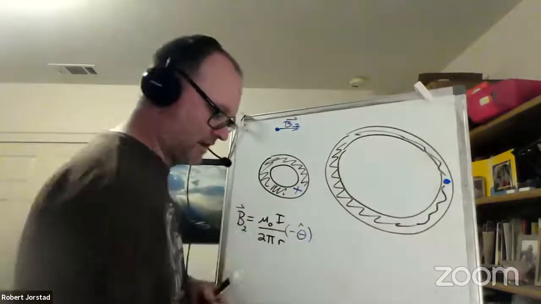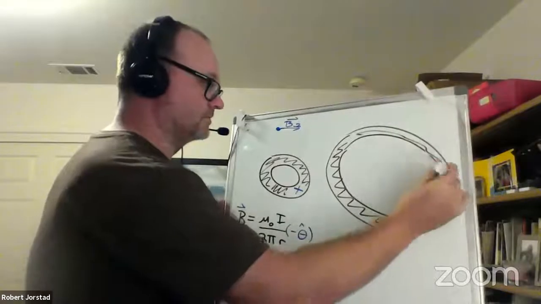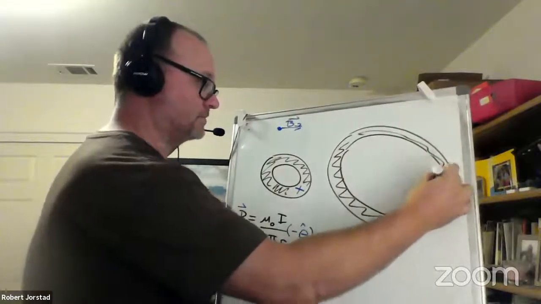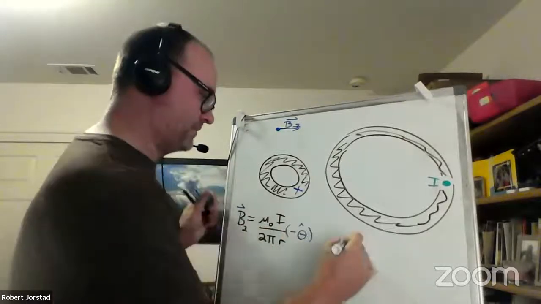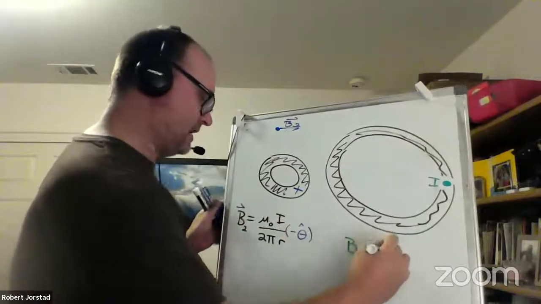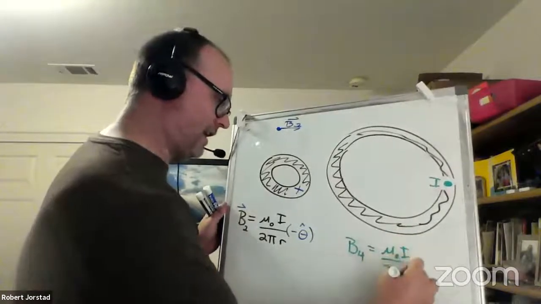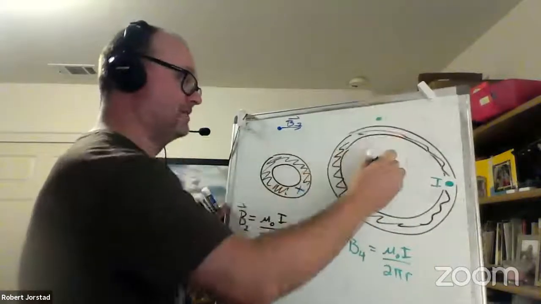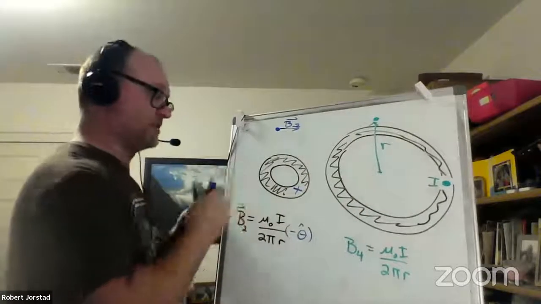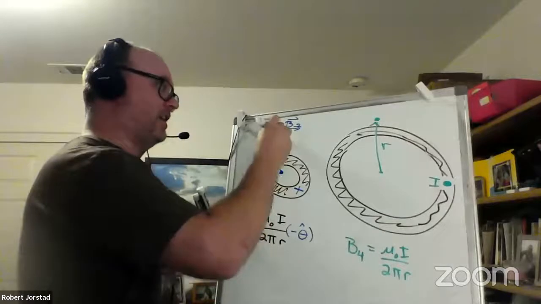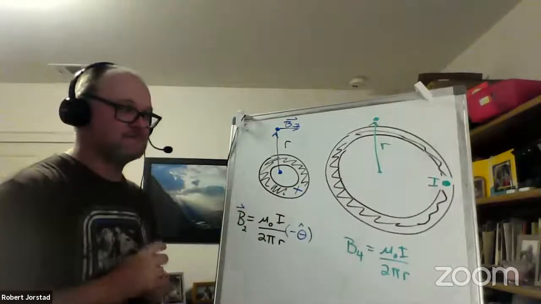Well, let's do this one in a different color. Okay, the same thing holds here. B is mu naught I over 2 pi little r. So if I'm sitting up here, it's the same distance away. It's the same distance r because they're concentric. Okay.